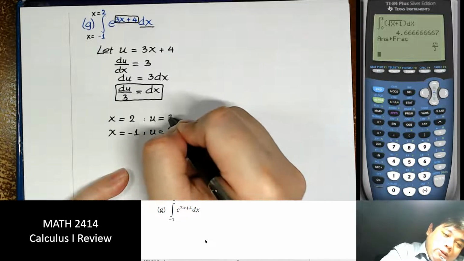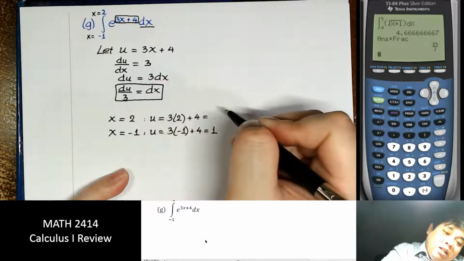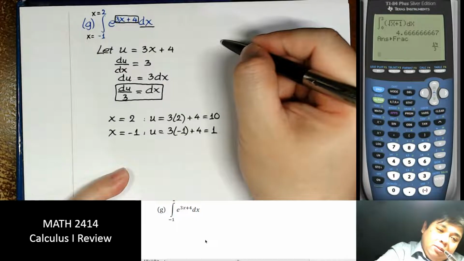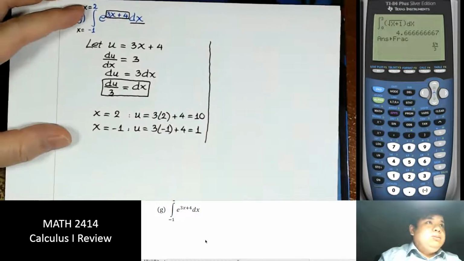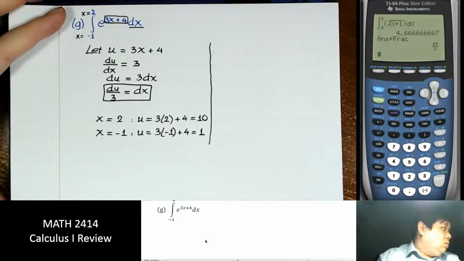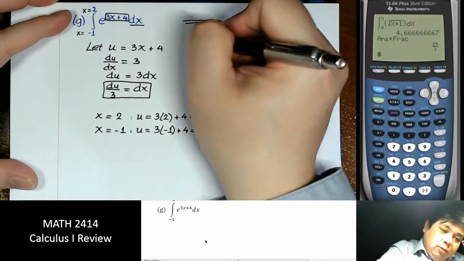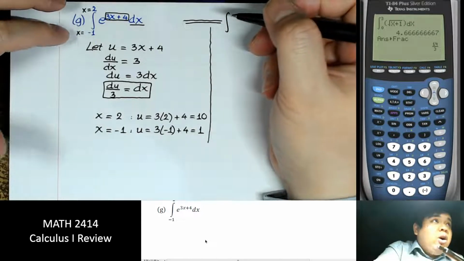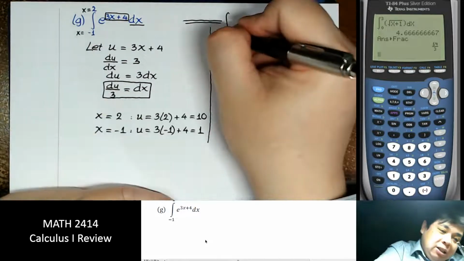X equal to 2, same thing. So that is 10. So we have everything for the substitution. Original x goes from -1 to 2. Now u goes from 1 to 10.